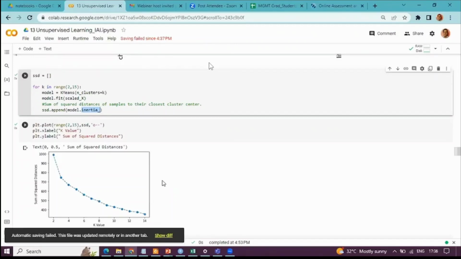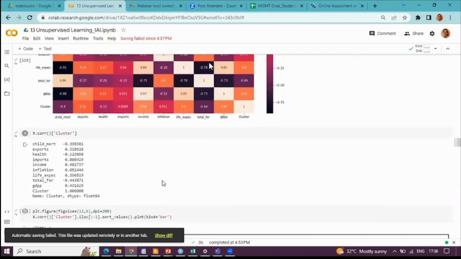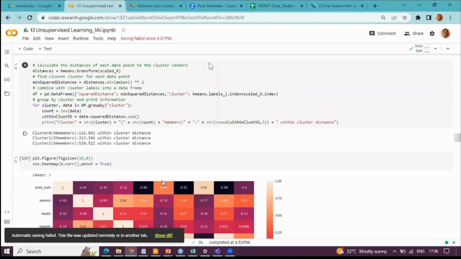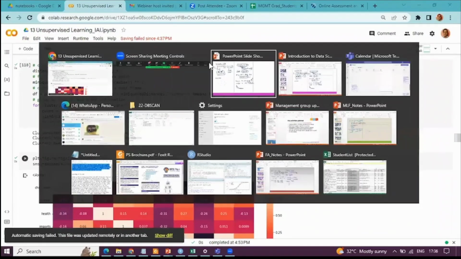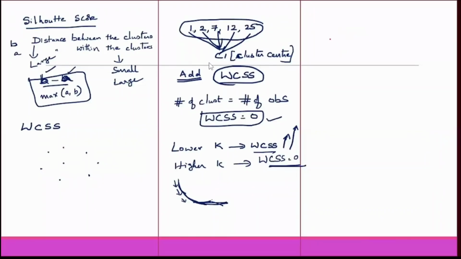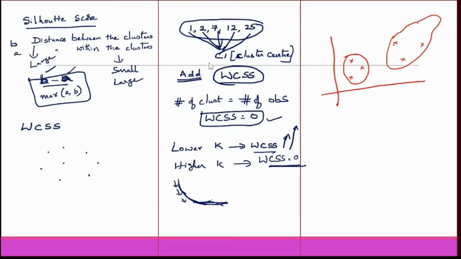So for each cluster you can print the total sum of squares, because if I draw it graphically, let's say I have some cluster. These are the various observations that are a part of this cluster. Let's say I have another cluster, with a few observations as a part of it.